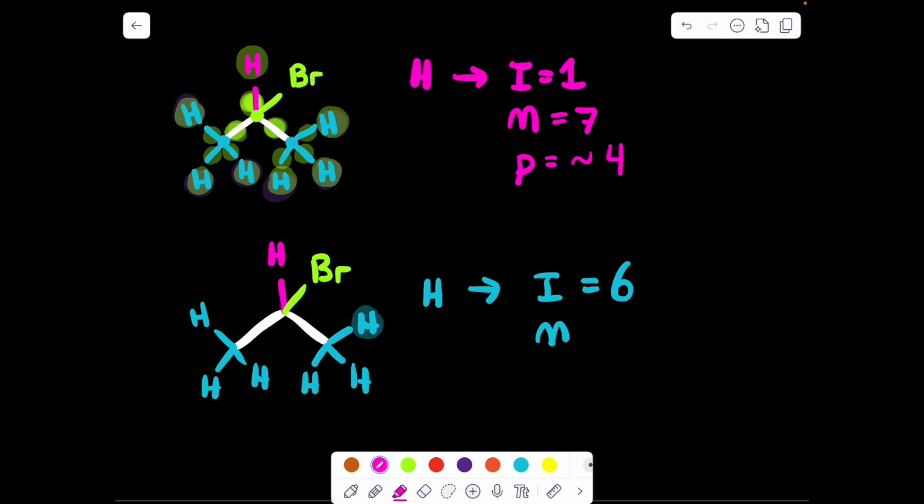How many other hydrogens that are not blue hydrogens are 3 bonds away? 1 bond, 2 bond, 3 bond, gotcha. Well, there's only one neighbor. So what's the multiplicity? It has to be 2. Multiplicity is equal to 2 because neighbors is equal to one neighbor. And then multiplicity is going to be the neighbors plus 1. So 1 plus 1 is equal to 2.